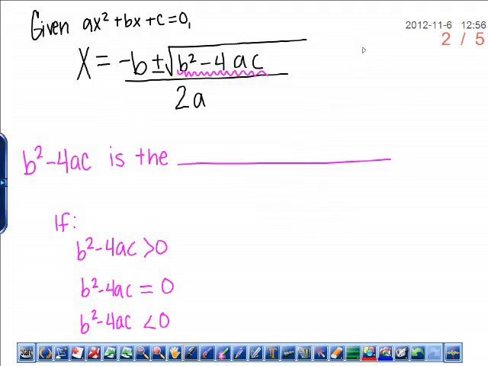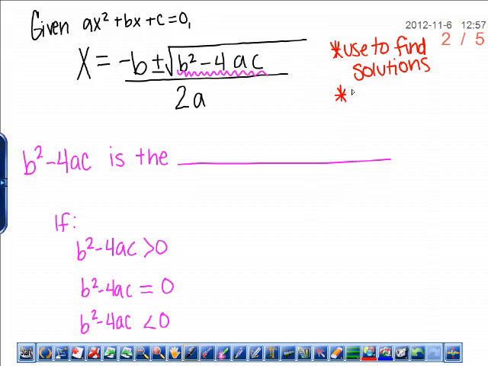This works. We use the quadratic formula to solve, or to find solutions, or to find x-intercepts, or to find roots, or to find zeros. All of those things you can find using the quadratic formula. That's why it's x equals. Okay? It works every time.